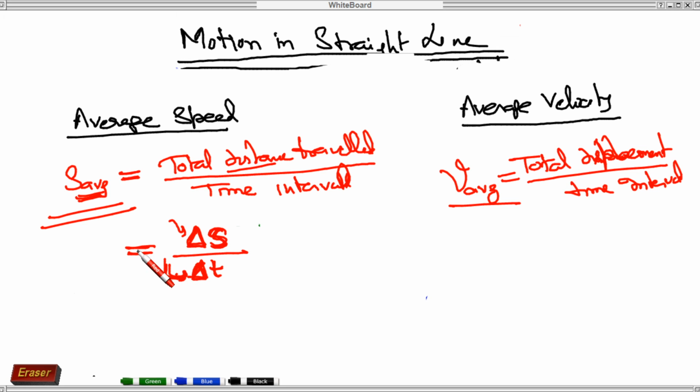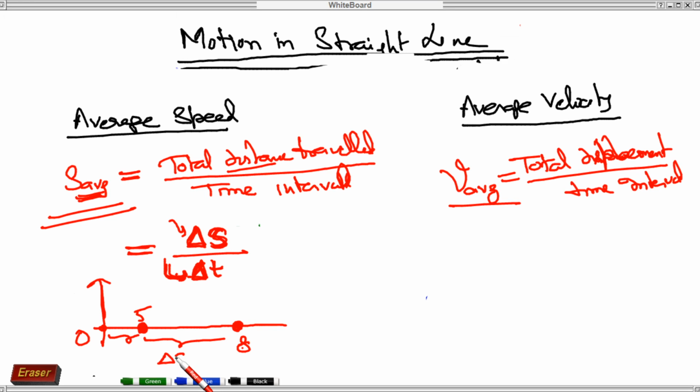If someone says, suppose initially the car is at a distance of 5 from the origin, and finally it reaches 8 over here. So what will be delta S? Delta S will be equal to 8 minus 5, that's equal to 3.